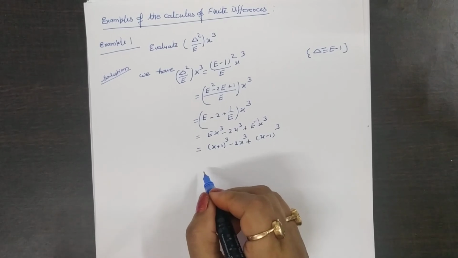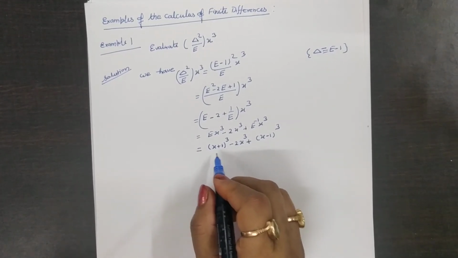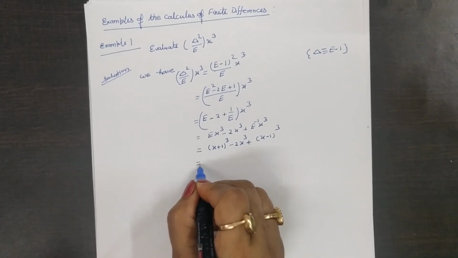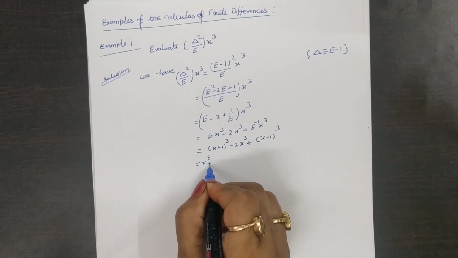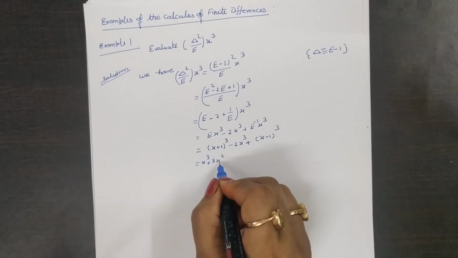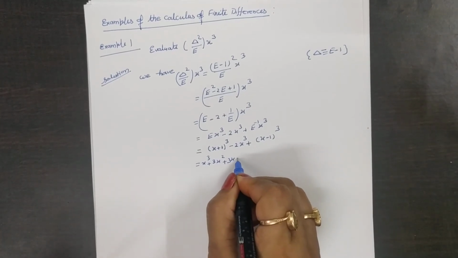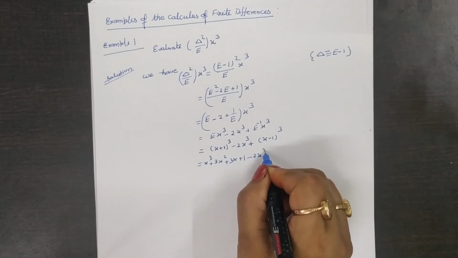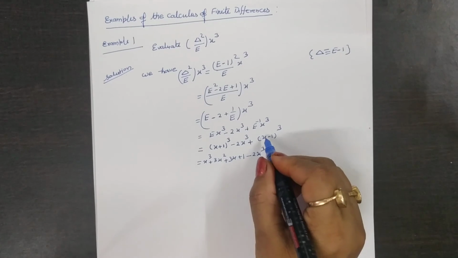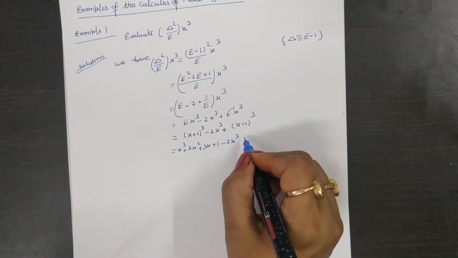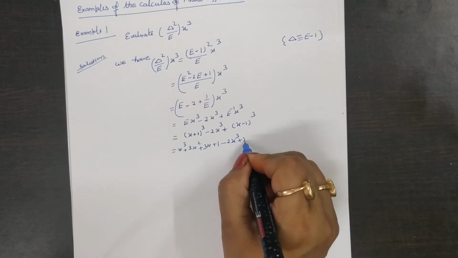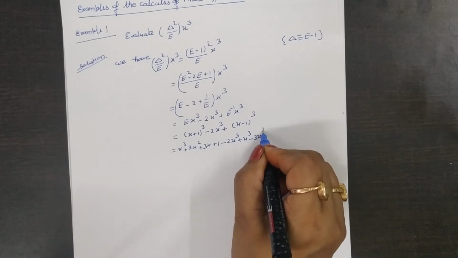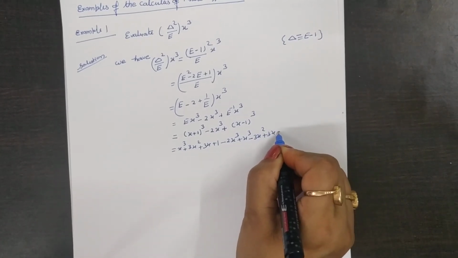From the formula for (a plus b) whole cube and also (a minus b) whole cube, this is equal to x cube plus 3x square plus 3x plus 1 minus 2x cube, plus x cube minus 3x square plus 3x minus 1.